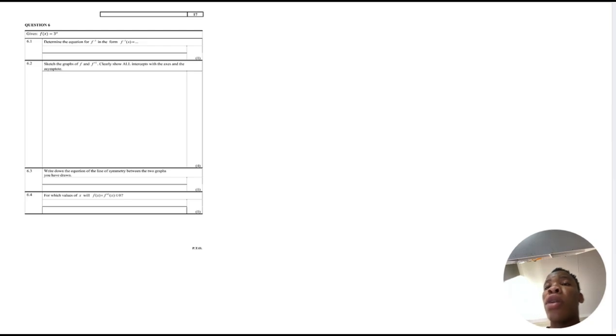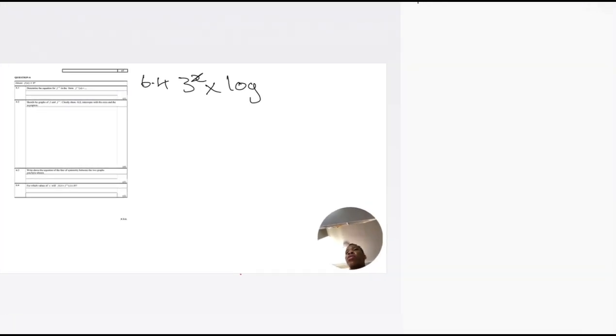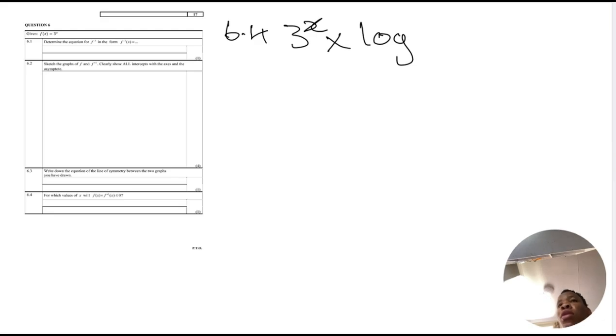So what they're saying here is that we will have 6.4, we'll have 3^x times log 3x, less than or equal to 0.